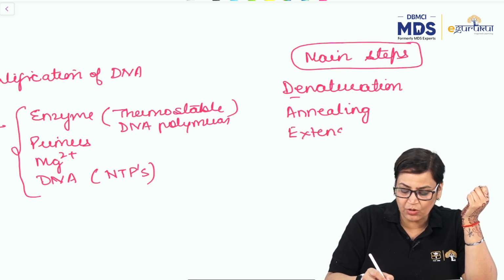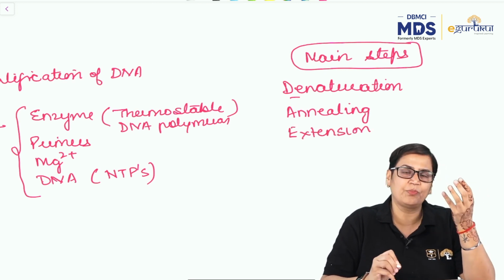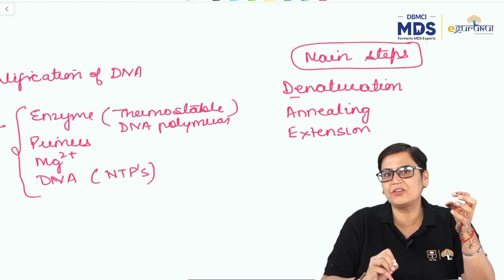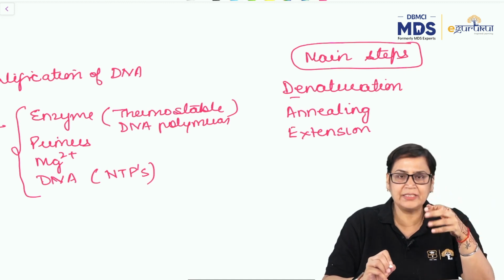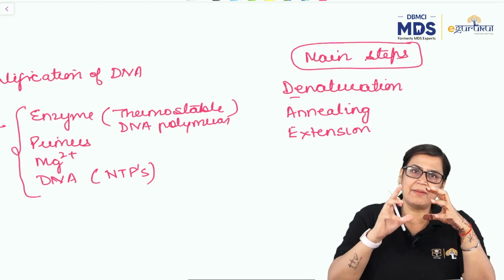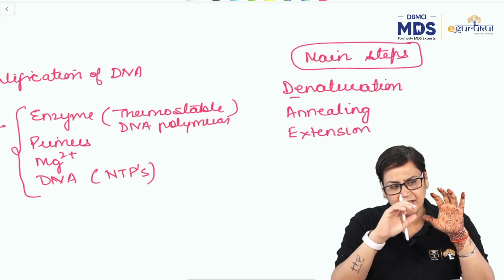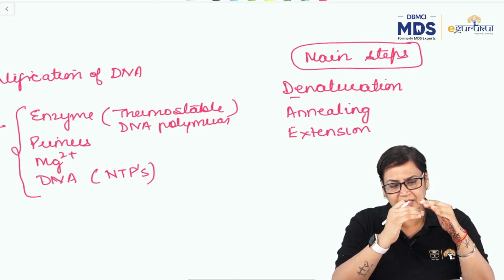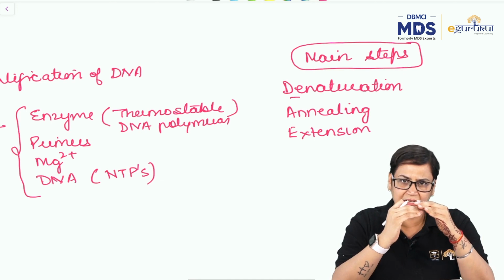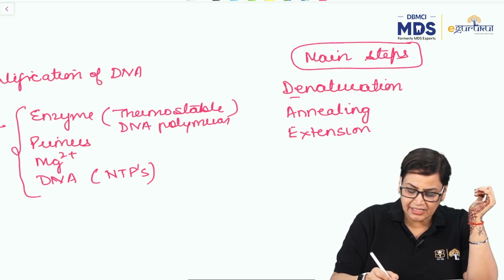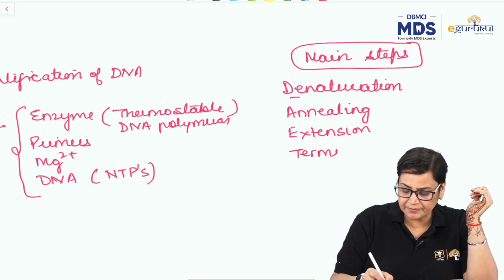Extension, why? Because we are adding the primers. Primers, as per their complementary base sequence, will try to hybridize. And once the amplicons are amplified and the DNA strand starts reuniting, then termination is there.